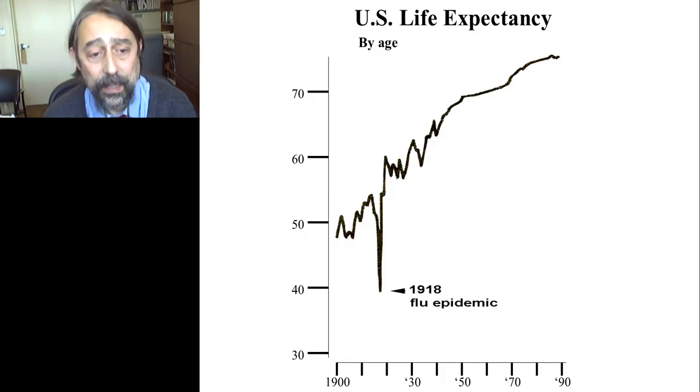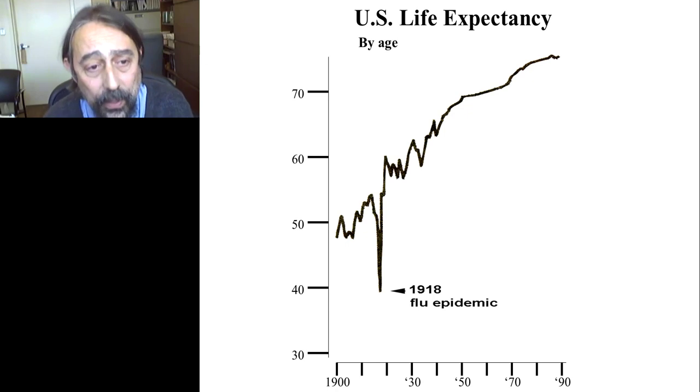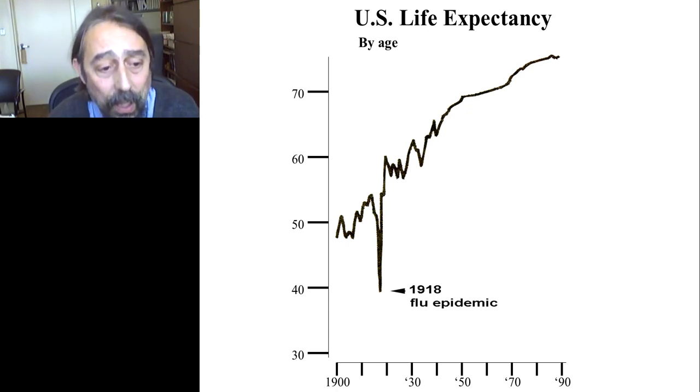Now, what makes the 1918 pandemic influenza virus very unique? Well, I have 2 slides that show the devastating consequences of this pandemic. The first one is the US life expectancy in the last century by age, in which we can see that from 1900 to the 2000s, it has increased steadily.